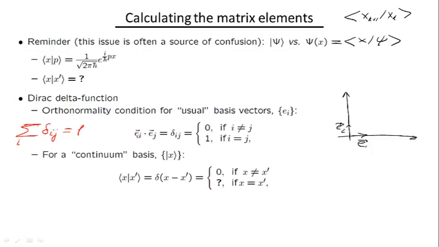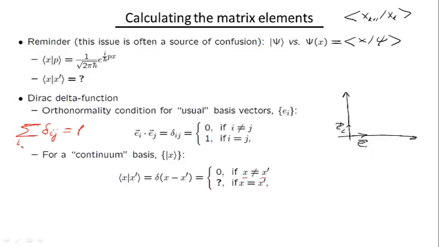But if we use the analogy between, let's say, e i and x, and e j and x prime, this product is much like a dot product of these two vectors. Using this analogy, we can demand that if x is not equal to x prime, this matrix element, and therefore this delta function, which is a continuum version of the delta symbol, is equal to 0. And if x is equal to x prime, it's something else.